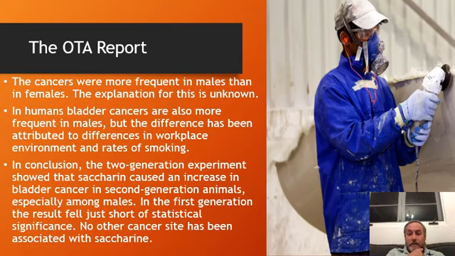So as we noted, the cancers are more frequent in males than in females. They didn't really know how to explain this and didn't try to. In humans, bladder cancers are also more frequent in males. We've always kind of assumed that the difference was because males tend to work in different sorts of industries. You've got a guy working with asbestos, that causes cancer.